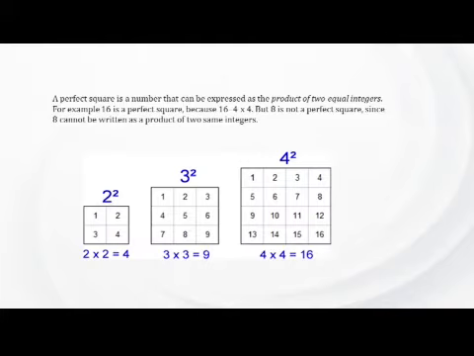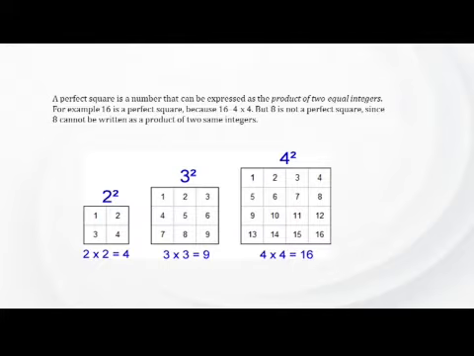Now, we define perfect square. A perfect square is a number that can be expressed as the product of two equal integers.